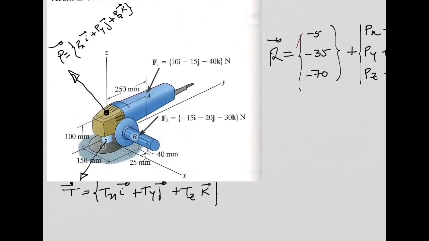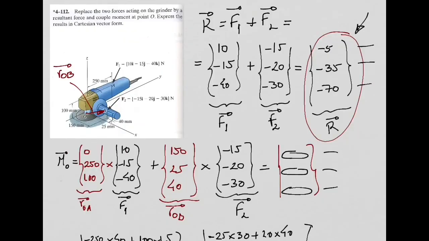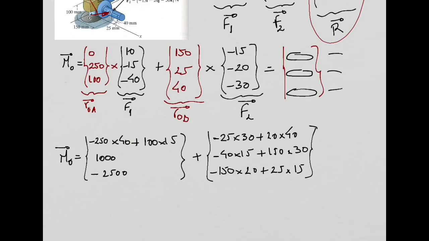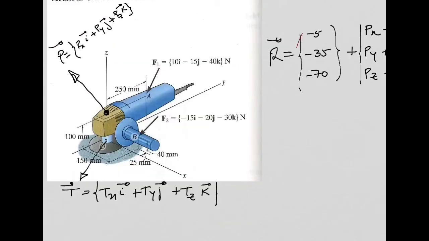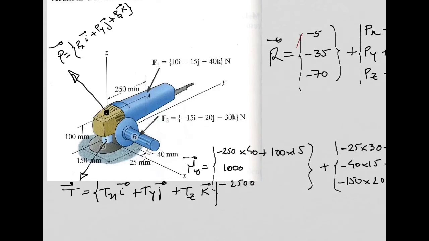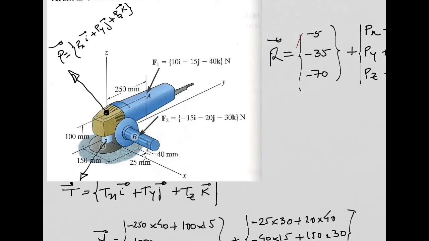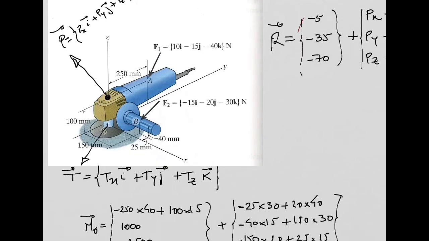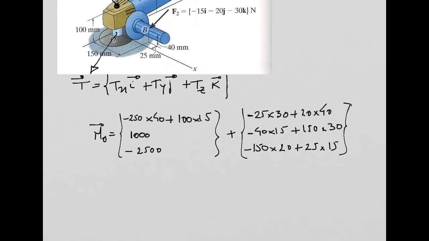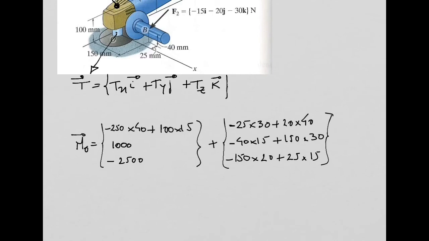Now we need to calculate the moment. So I'm going to copy from the previous slide this term here, copy, paste. Yeah, so this is the moment that we obtained before.